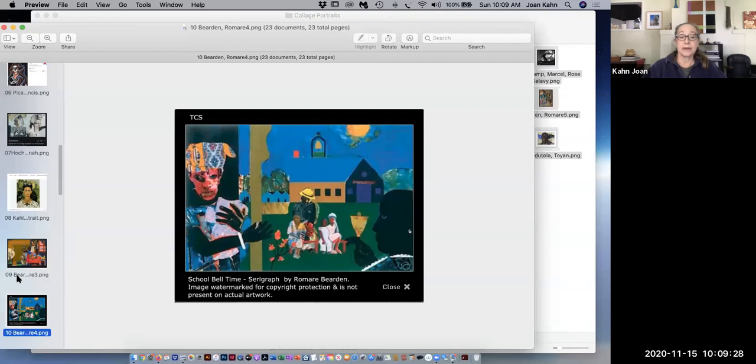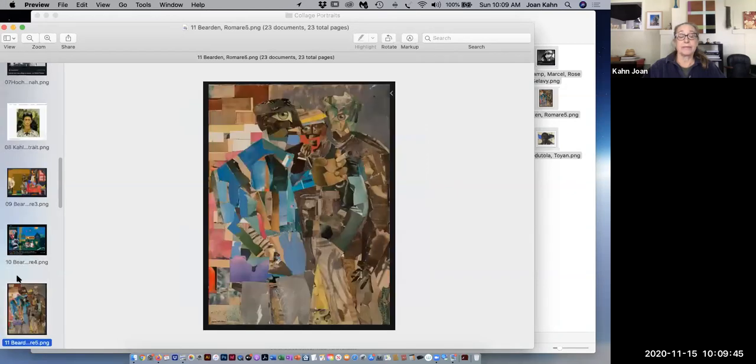And this is a painting by him, a serigraph actually, and included his southern ancestry in this country. Another collage, notice all the elements, torn paper from magazines, the eye above, hands, by Romare Bearden.